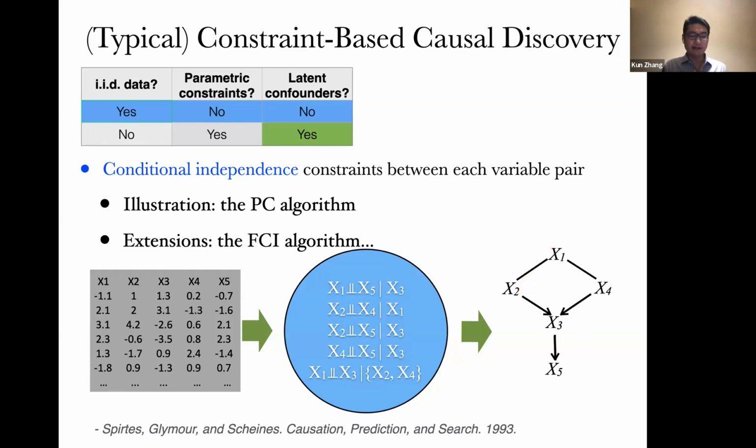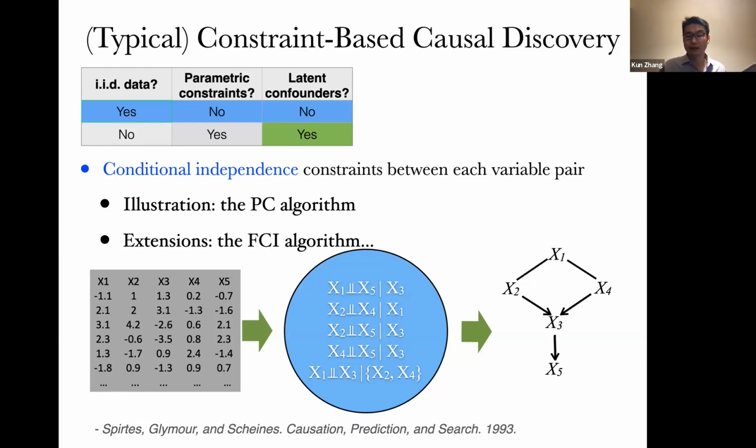Some edges are directed, some edges are not directed. So now the problem is how to determine the direction right here and how to deal with latent confounders. With FCI, you can do something, but generally speaking, the result of FCI, although always correct, may not be very informative. It may not really discover or recover the latent variables, not to mention the relations among the latent variables.